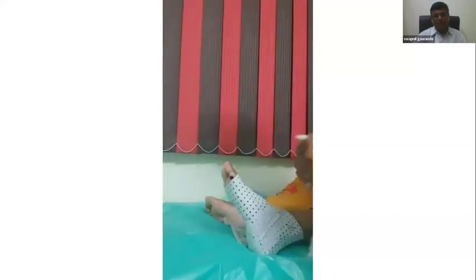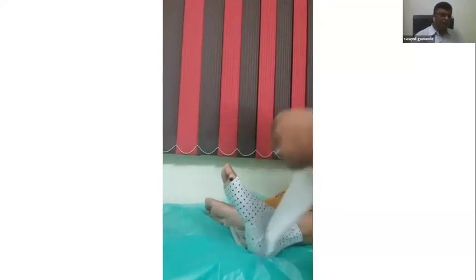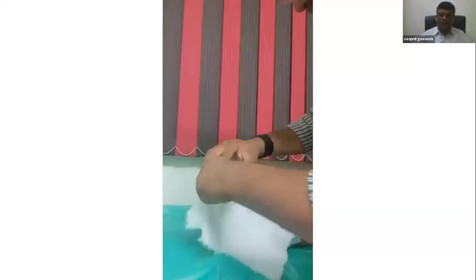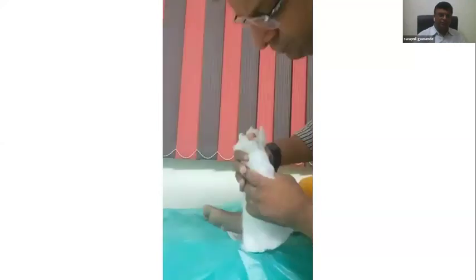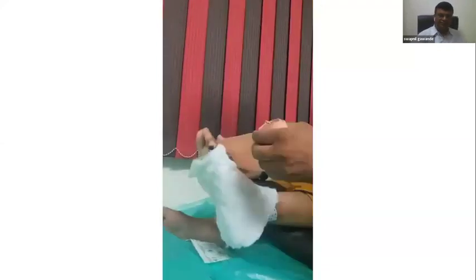Then, for more stabilization, we are wrapping it with cotton, and over this cotton we will stabilize it with the crepe bandage.